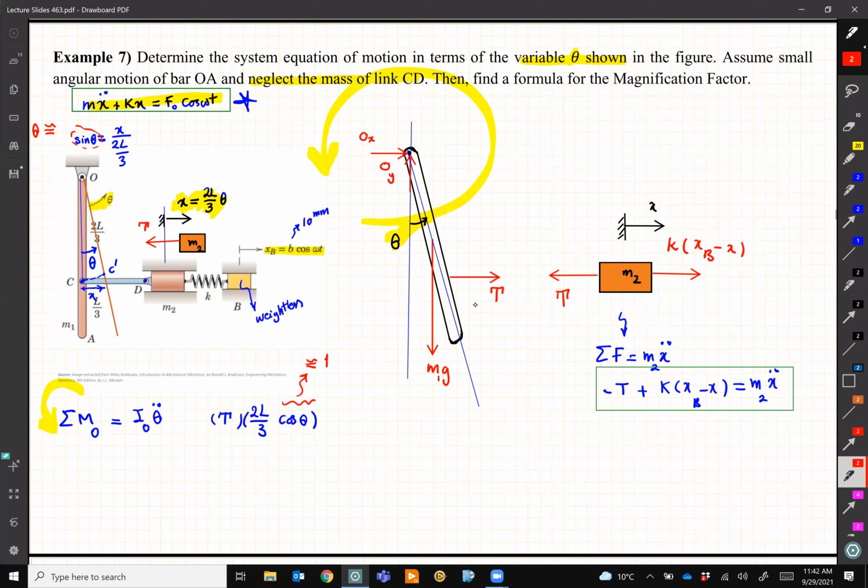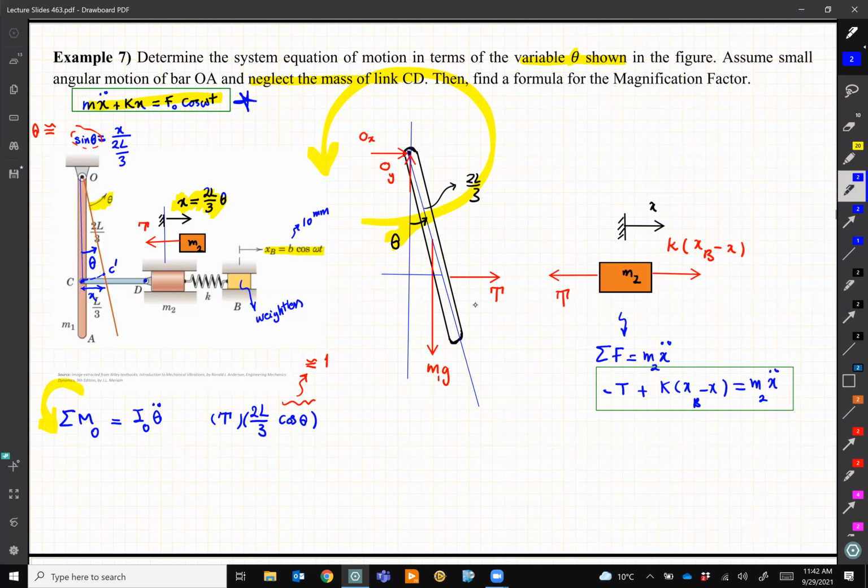So that's the moment for this T, right? Because remember this vertical distance is 2L over 3. All right, and that's positive.